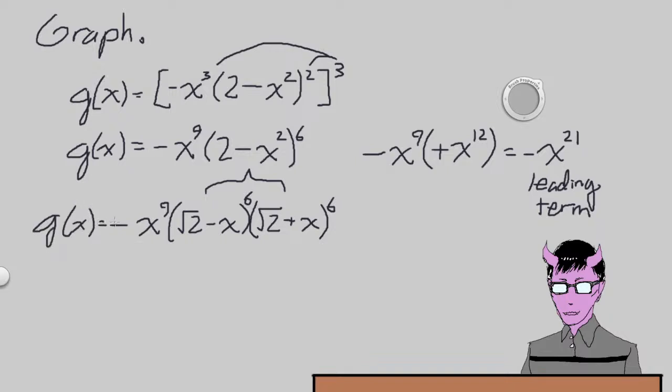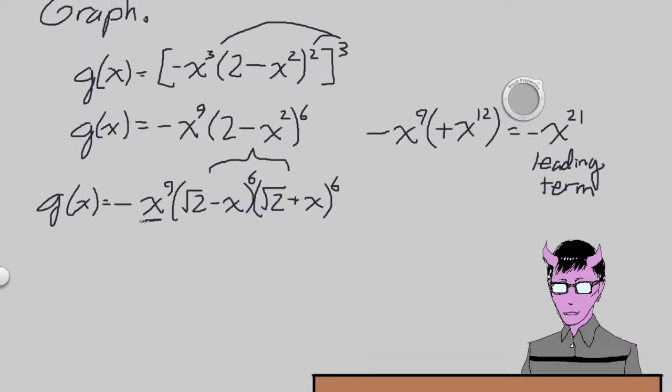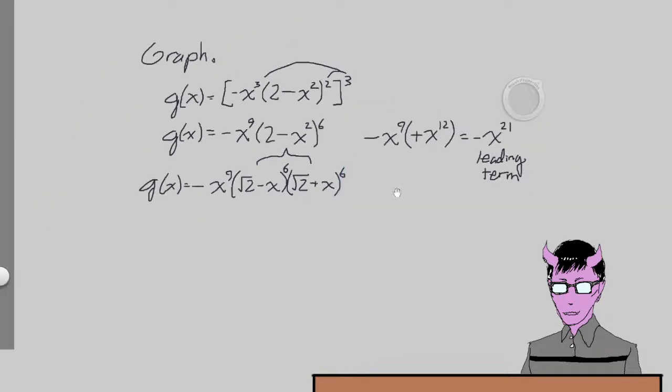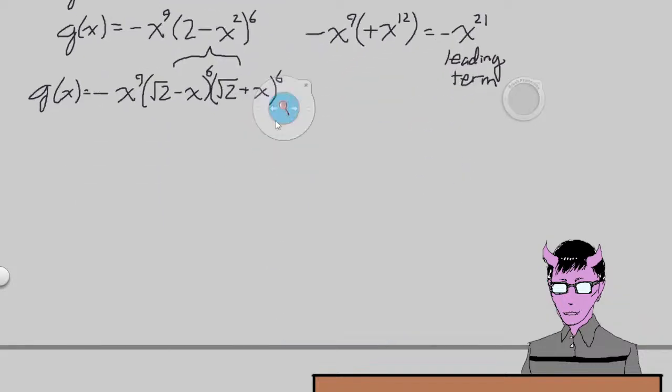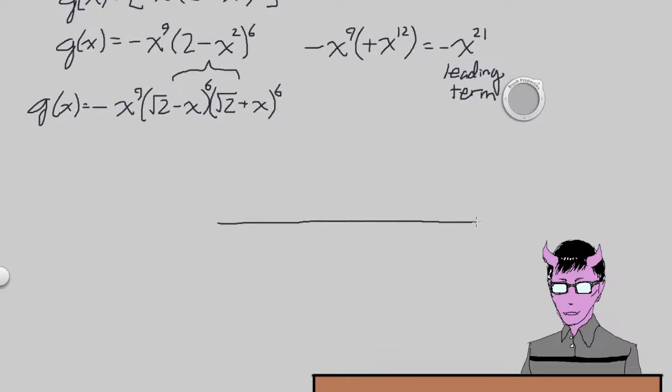So what that means is that we have 3 distinct zeros. We have a 0 here, a 0 there, and a 0 right there. And we already have the leading term, so we have enough to begin graphing the situation. So x-axis, y-axis. We have a 0 at 0 with a multiplicity 9, so that's a straight pass-through.